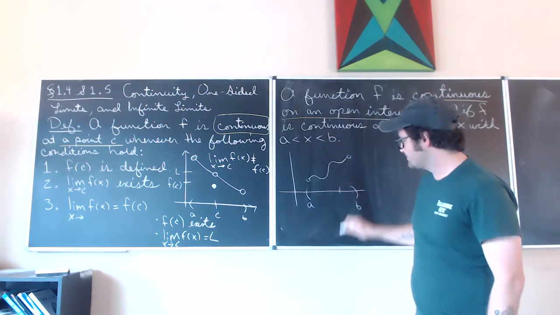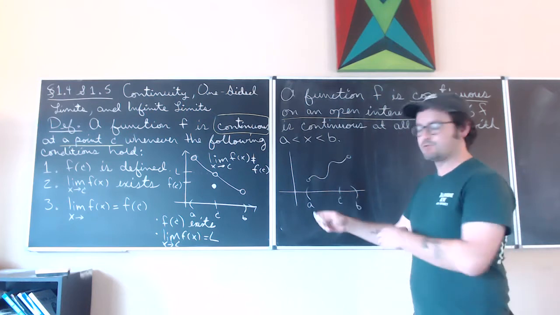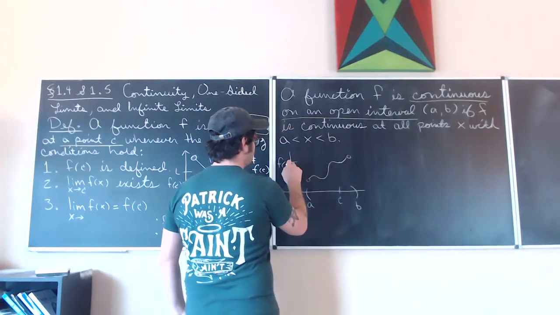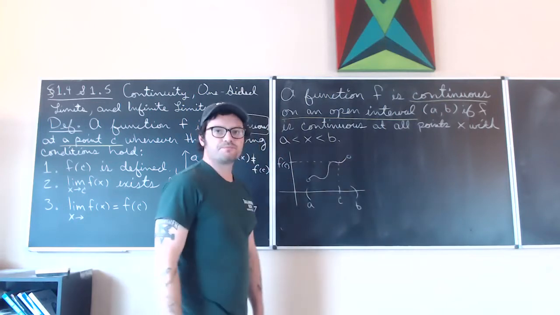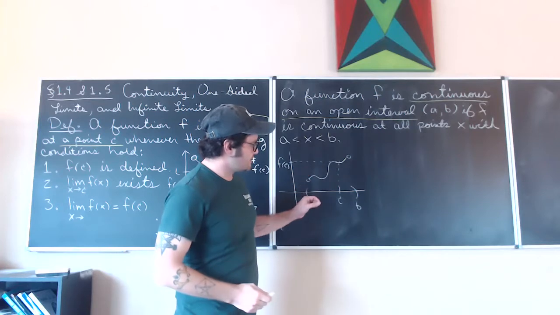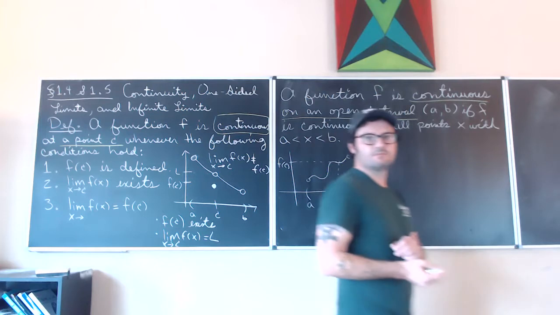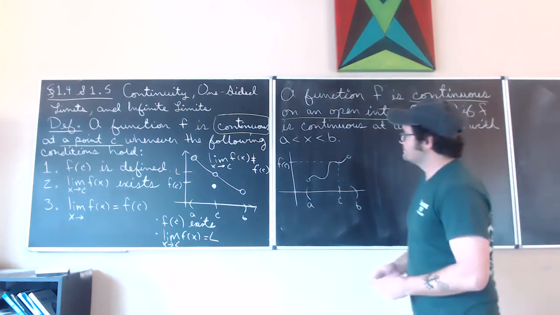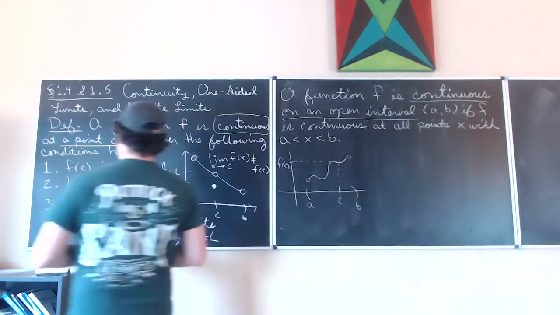If you pick any value in this open interval, say c, anywhere in that open interval, the function is going to exist at that point. And if we look at the limit as x goes to c, it's going to also converge to that point f of c. Okay.